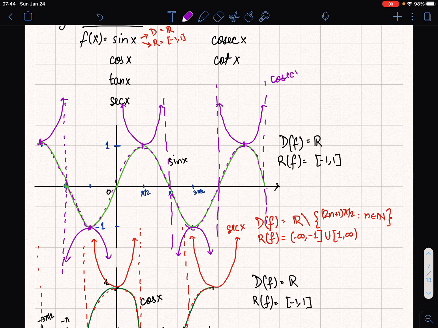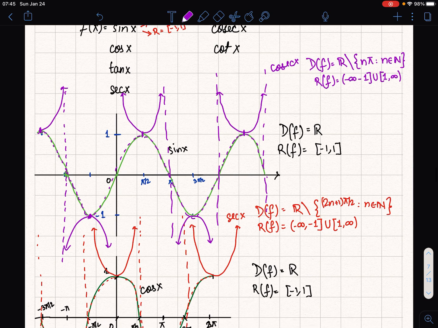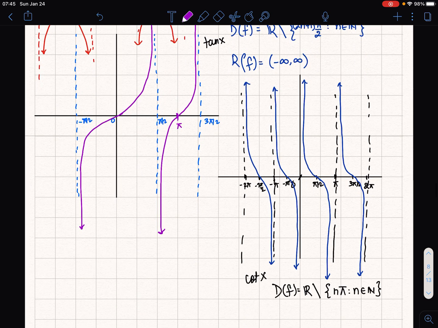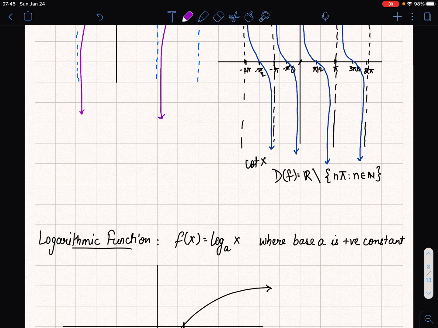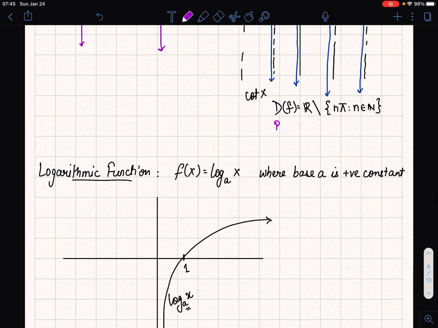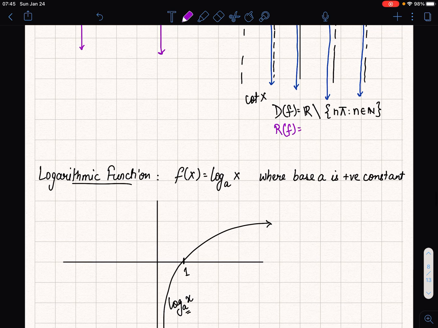So, the domain of cosecant x is all real numbers minus n pi, such that n is an integer, while the range of f is again (minus infinity, minus 1] union [1, infinity). The range of the cotangent function is again (minus infinity, infinity).